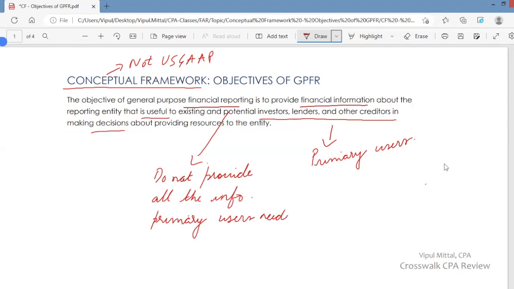It provides information needed by the maximum number of primary users, but may not meet the information needs of all the primary users.